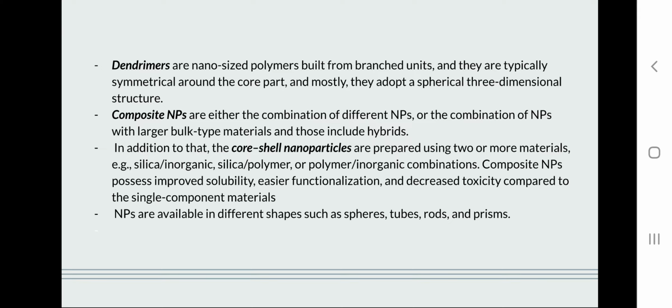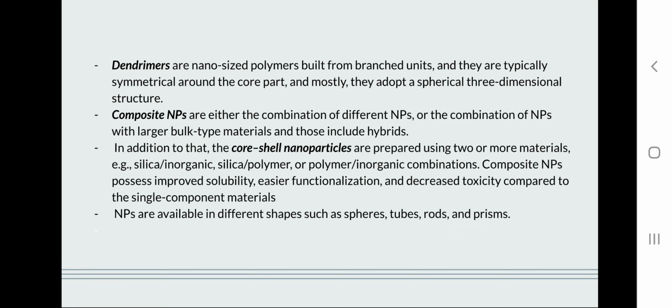And the fifth category is composite nanoparticles, and these are either a combination of different nanoparticles or a combination of nanoparticles with larger bulk type materials, and these include hybrids.